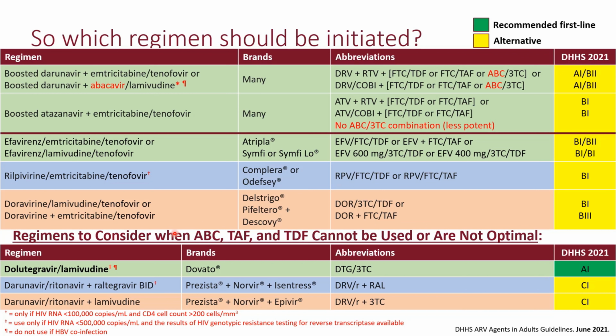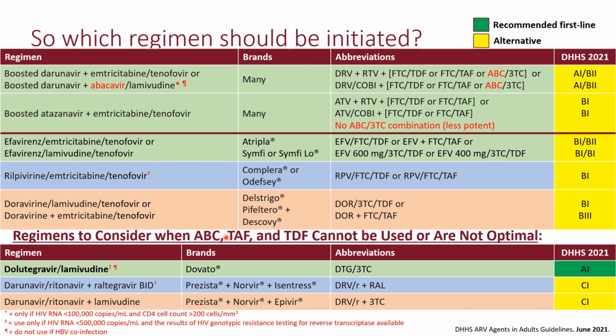And then regimens to consider when people cannot take nukes, especially abacavir because of a positive HLA-B5701 test, or people who cannot take TDF or TAF because they have kidney disease, advanced kidney disease, or osteoporosis. These are regimens that do not include abacavir or tenofovir. So obviously Dovato, which has dolutegravir and lamivudine, is recommended first line.